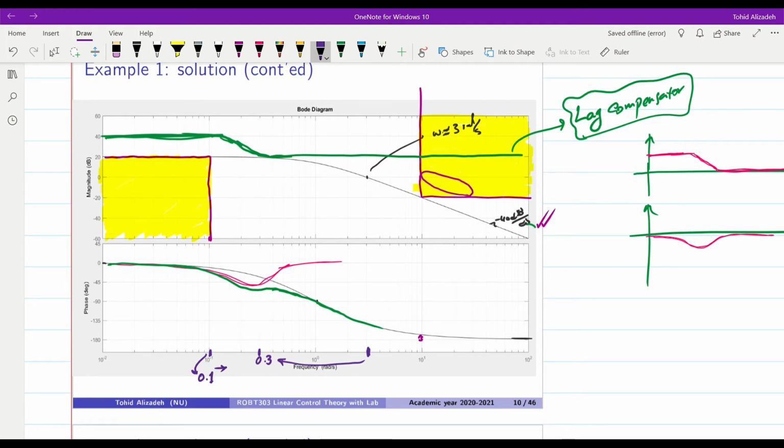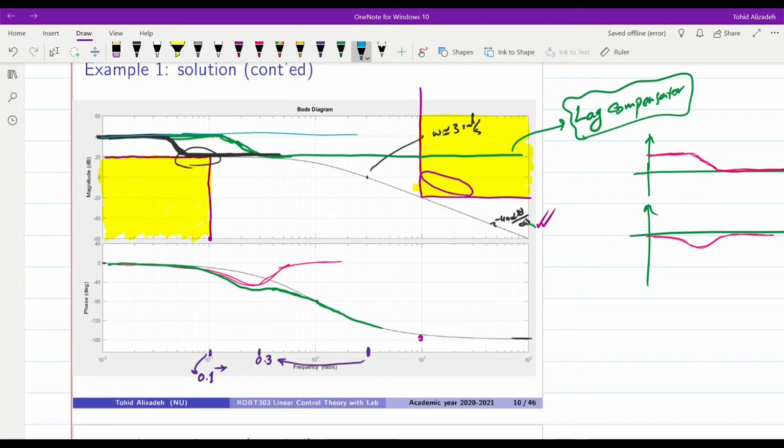So if I want to give you an example, we wouldn't want to have the amplitude for the controller being like this, because in this case this area wouldn't move upwards, and therefore we will have problems in terms of the disturbance rejection.